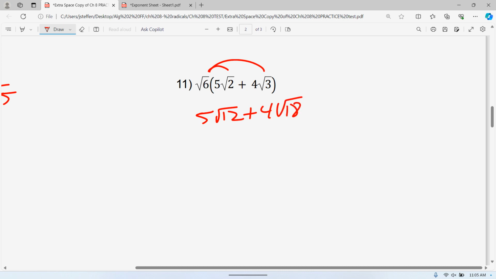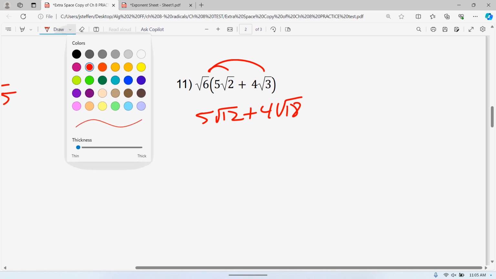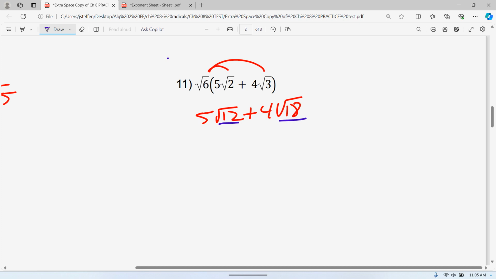The only thing with this one is once you have that, then you still have to double check to see if you can reduce, because the 12 and the 18 you can reduce. I'm hoping at this point, not that you don't need it, I think a lot of you guys still need it a lot, but some of you, at least, or hopefully a lot of you, are starting to be able to get some of these smaller ones.